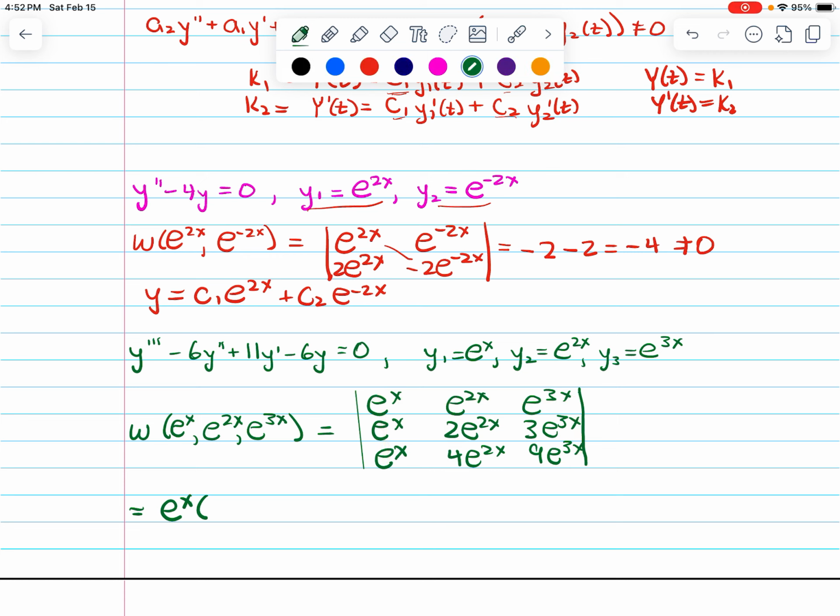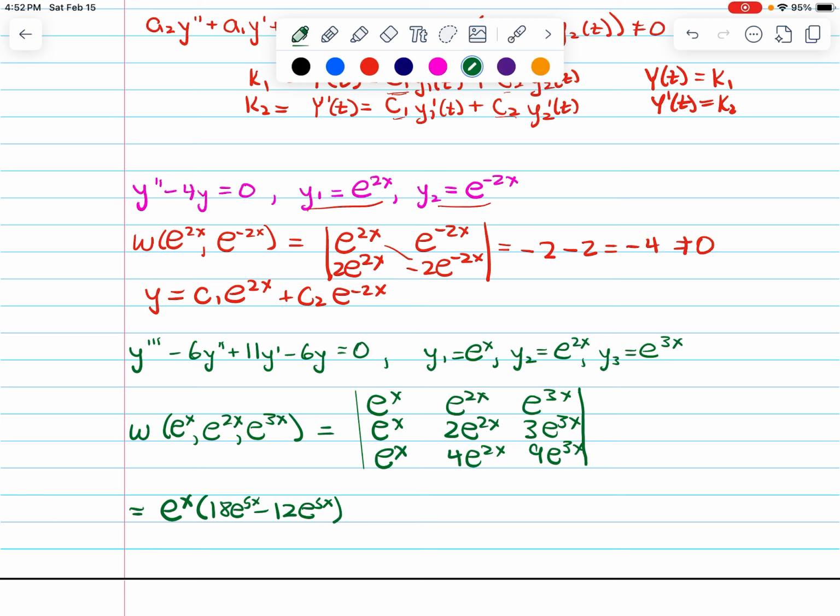So how's that going to be? That's going to be 18 e to the 5x minus 12 e to the 5x. See, I just multiplied these together minus these multiplied.